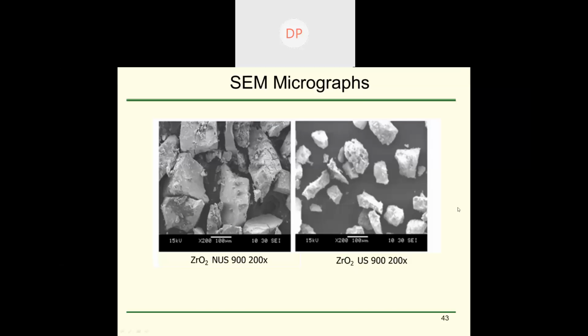In the next slide, you can observe non-ultrasound 500 5000x, meaning a non-ultrasound material at 500 calcination temperature and 5000x is the magnification. The second micrograph is non-ultrasound 700 calcination temperature 5000x. So 5000x is a fixed magnification.